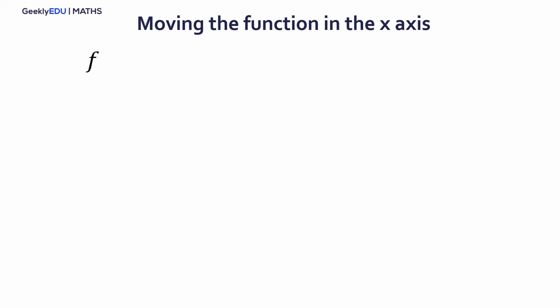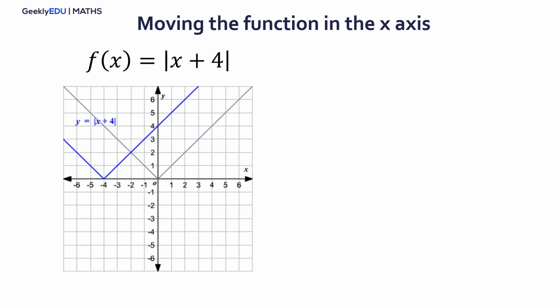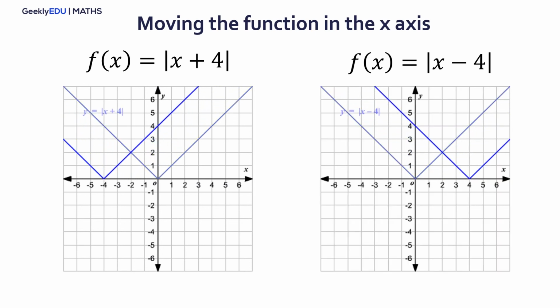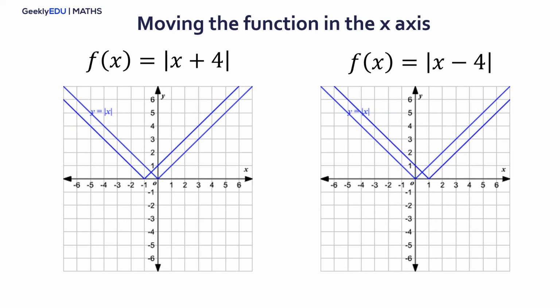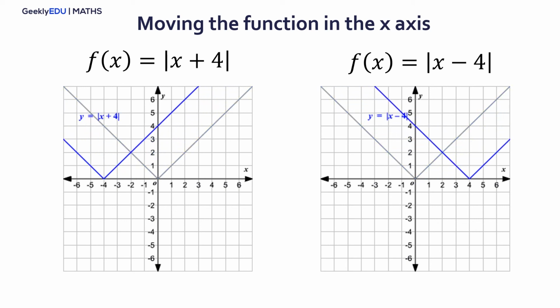An example of this is the function f of x equal to the absolute value of x plus 4. In this case, our graph is moving to the left. And f of x is equal to the absolute value of x minus 4, and in this case, it is moving to the right. You can combine the equations for moving the function to the right, to the left, up, and down. So, well, you can play with the functions.